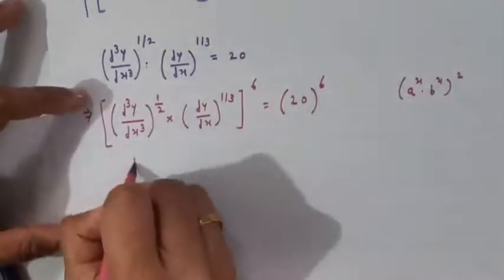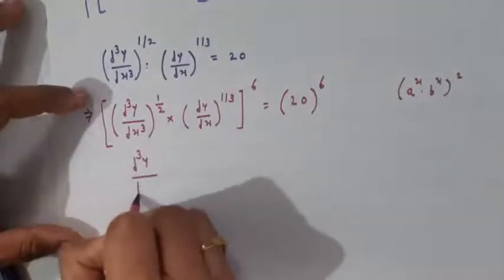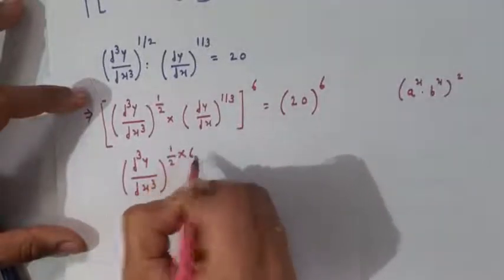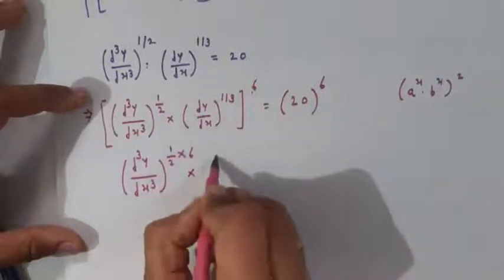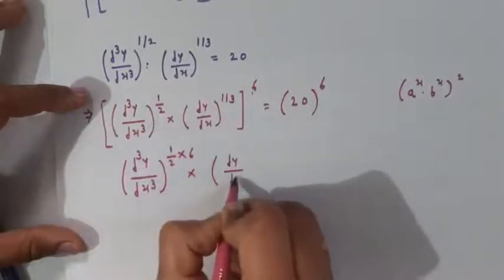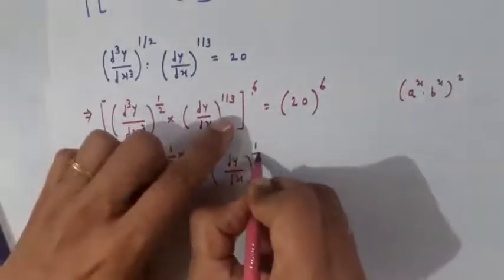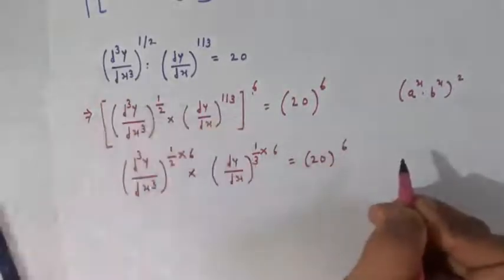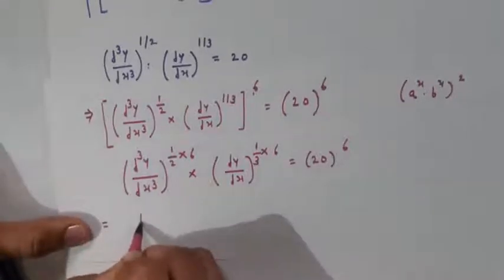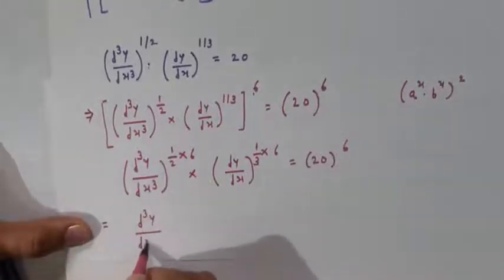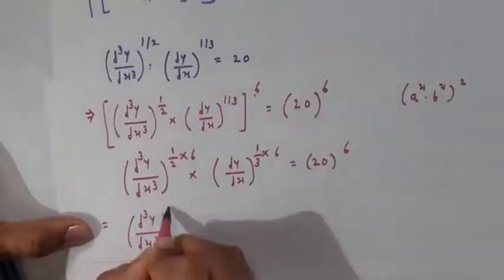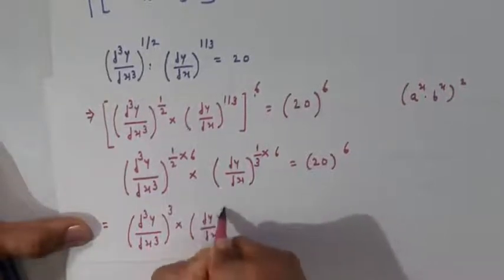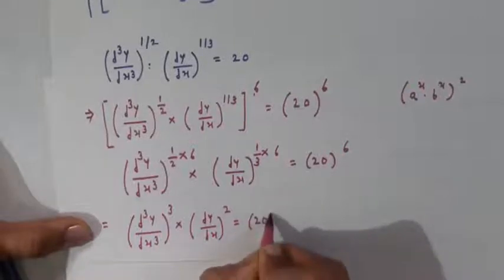In this way, here (d^3y/dx^3) raised to 1/2 into 6, into (dy/dx) raised to 1/3 into 6, equals 20 raised to 6, and this is equal to (d^3y/dx^3) raised to 3 into (dy/dx) raised to 2 equal to 20 raised to 6.